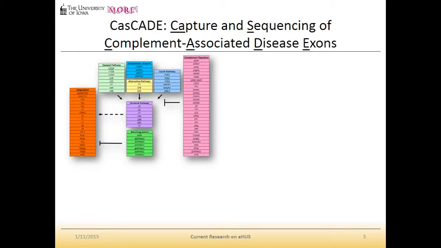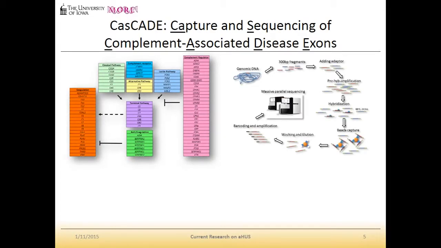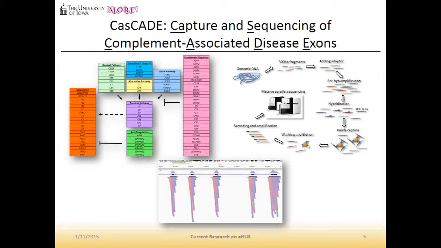So given that evidence, we decided to screen all the genes in the complement and coagulation pathways. We developed a panel called CasCADE, using next generation sequencing to screen 85 genes in patients who have aHUS. Another version of the CasCADE, which we call the TMA panel, is a smaller version that we are now using for clinical genetic testing.